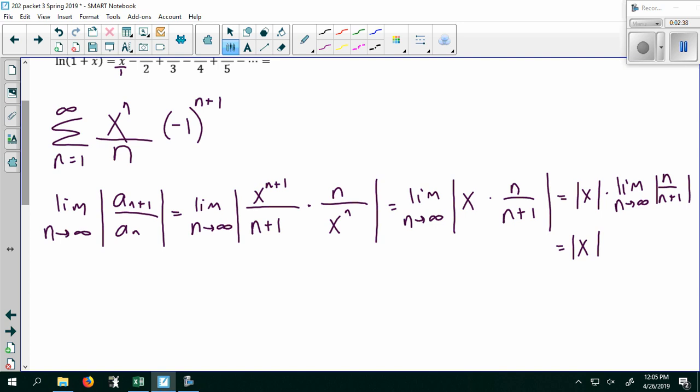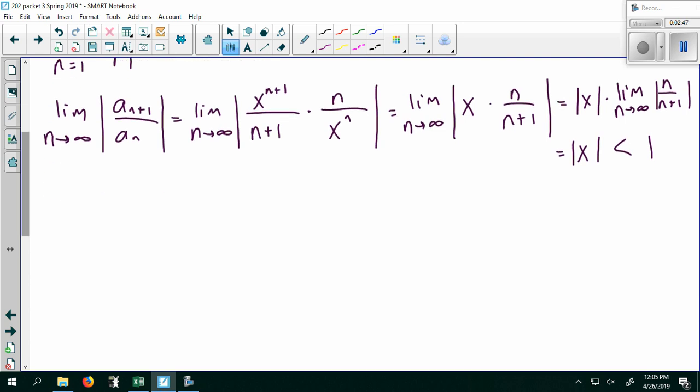Now I have to get convergence, so this limit has to be less than 1, which means that if the absolute value of x is less than 1, then x has to be smaller than 1, right, or bigger than -1. Anything between -1 and 1 will have an absolute value that's smaller than 1.